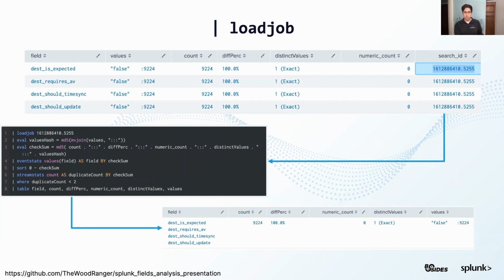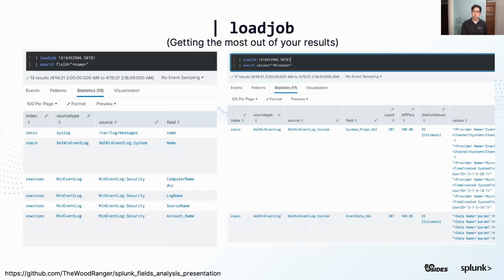All right, last thing for loadjob, I wanted to share a few simple ways to gain more value out of a single set of summarization results across multiple group bys. On the left, we pass a search for any results where the field contains name. This can be a great way to identify misconfigurations in your field extractions and to help hone in on what fields you may want to use.